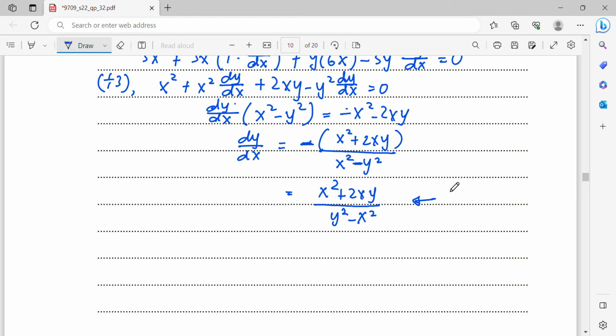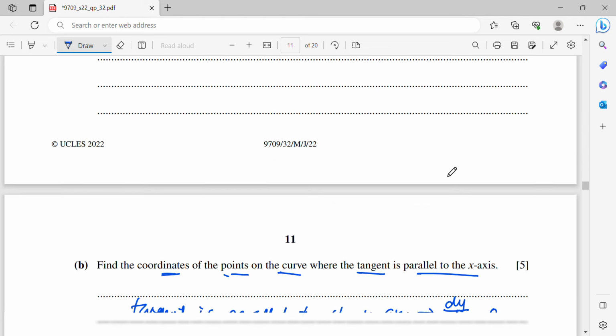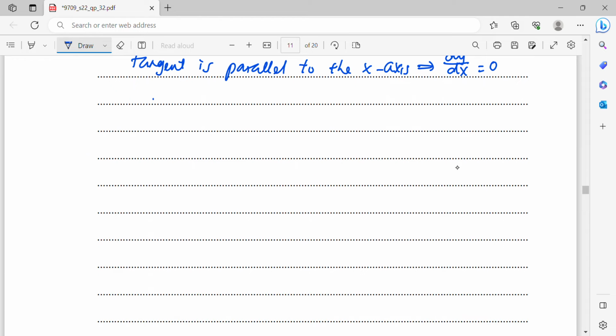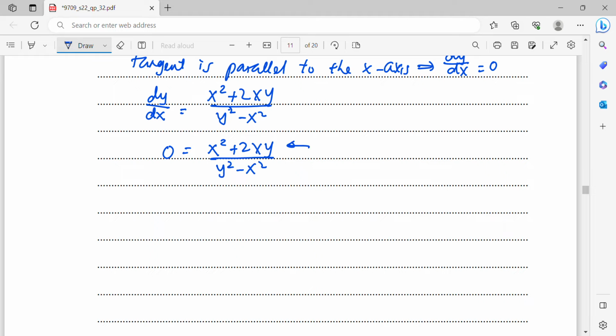So I will rewrite this dy/dx first. Now my dy/dx is (x squared plus 2xy) divided by (y squared minus x squared). When this is 0, I just need to consider the numerator equals 0.